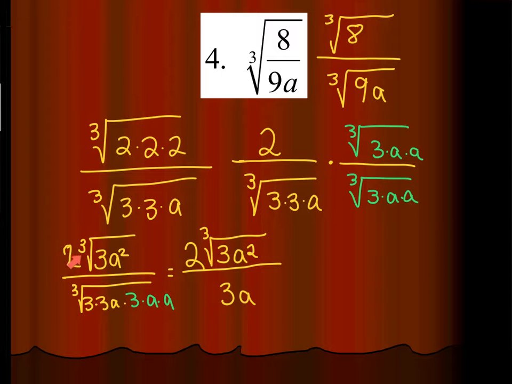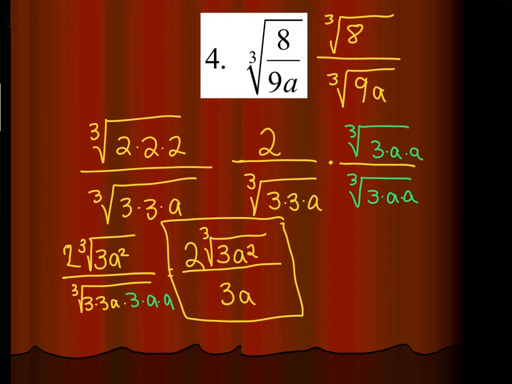So that's what we have in our numerator. In the denominator, we multiplied the cube root of 3 times 3 times a times the cube root of 3 times a times a. So we put everything under one radical, and look at this. We have 3 3's, so that comes out, and we have 3 a's, so that comes out, which means our final answer is voila.